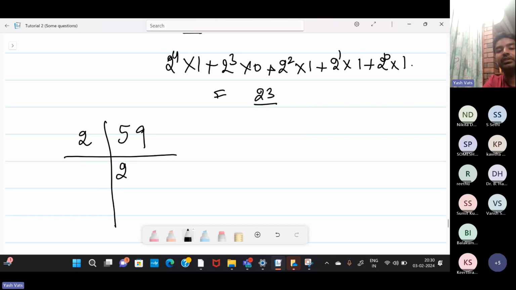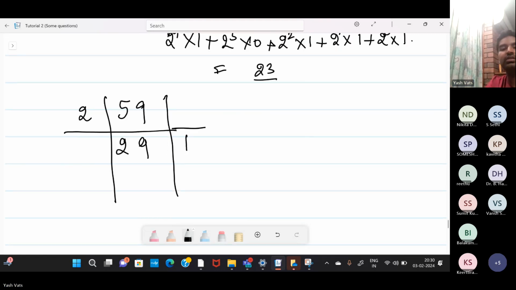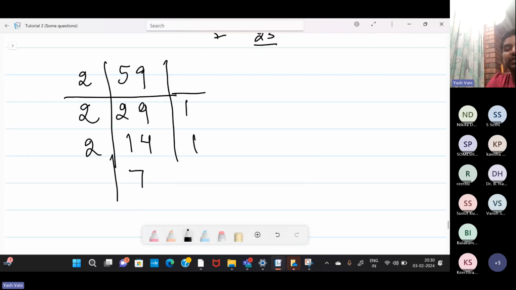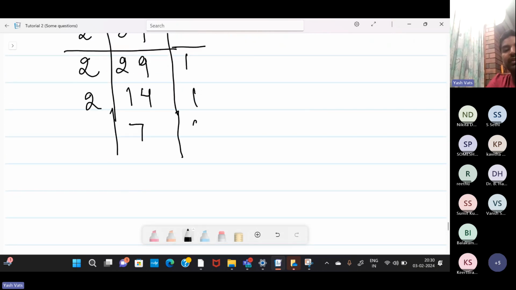2 9s are 18, so what should be the remainder? 1. Again, 2 4s are 8. What should be the remainder? 1. 2 7s are 14. What should be the remainder? 0. 2 3s are 6. What should be the remainder? 1. 2 1s are 2.